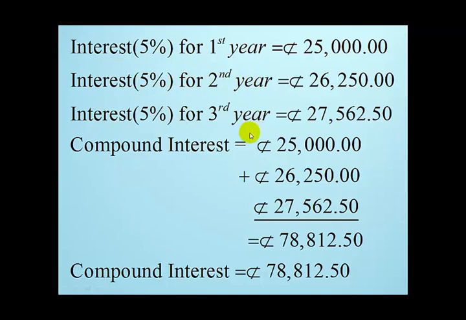So we have the compound interest equal to 25,000 plus 26,250 cedis plus 27,562 cedis, 50 pesewas. And when we add the three interests, we have 78,812 cedis, 50 pesewas. That is the compound interest.